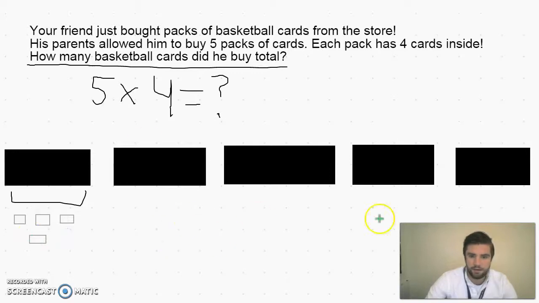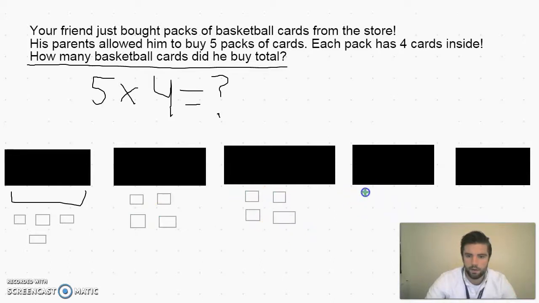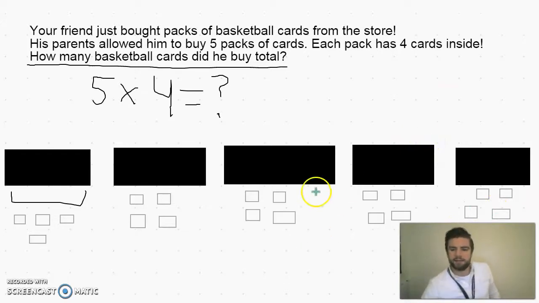And then I'm going to do that 4 more times. So each pack is getting 4 cards. Each pack is getting 4 cards there.